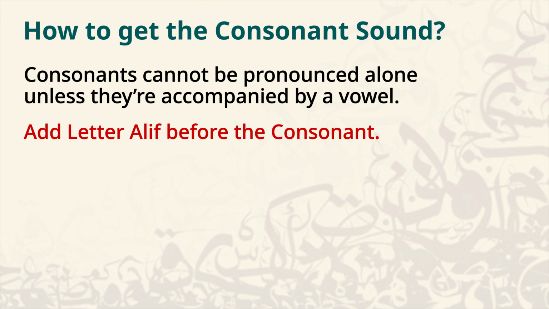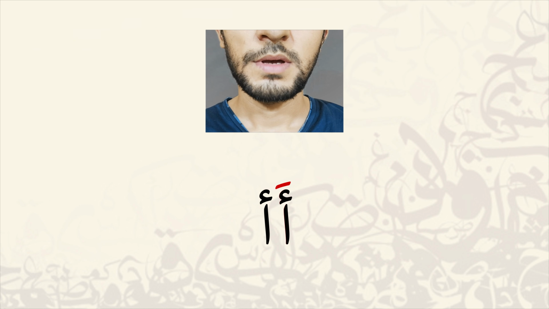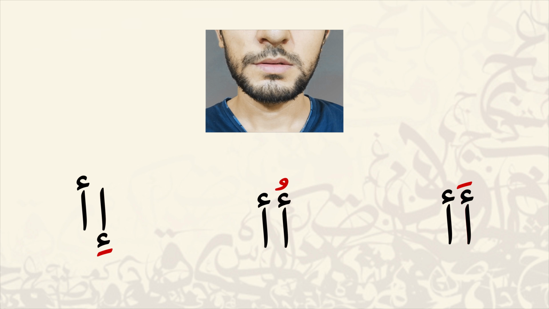The first letter, alif, add alif before and read them both. So this is the pure sound of letter alif. It's hard to pronounce it alone. That's why we add a vowel before it. Even if we change the label of the letter before, it's not affecting the consonant sound.